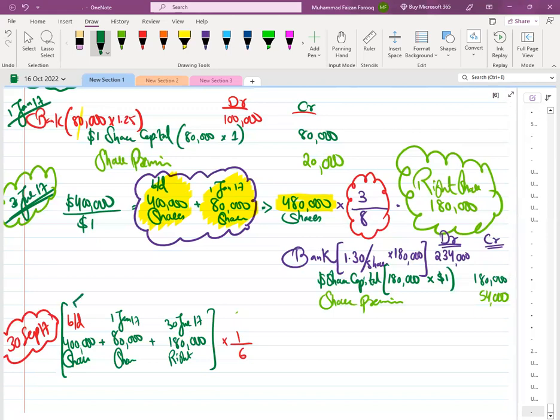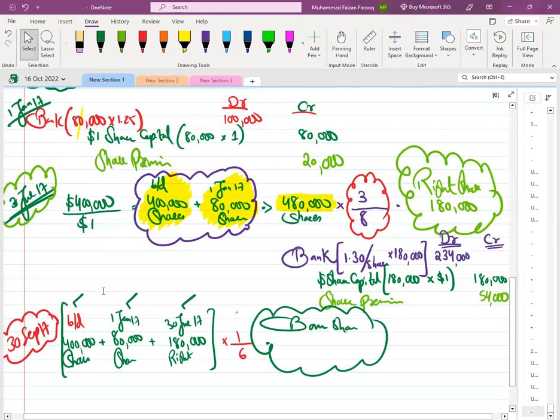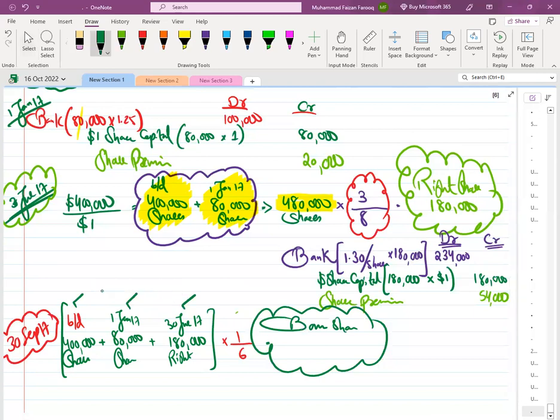400,000 at the start of the year. Then 80,000 new issuance. Then 180,000 right issue. So at the time of bonus, how many shares does the company have? We have to solve this bracket: 400,000 plus 80 plus 180. It comes to 660,000.